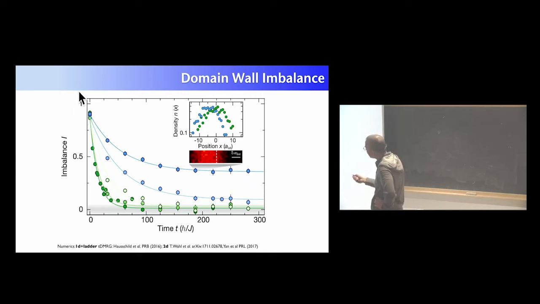I look at the evolution of the imbalance as a function of time, here up to 300 evolution times. And you see if there's weak disorder or no disorder, this very quickly relaxes to 0. But when there's disorder present in the system, it seems to settle into the steady state value that you can see here.